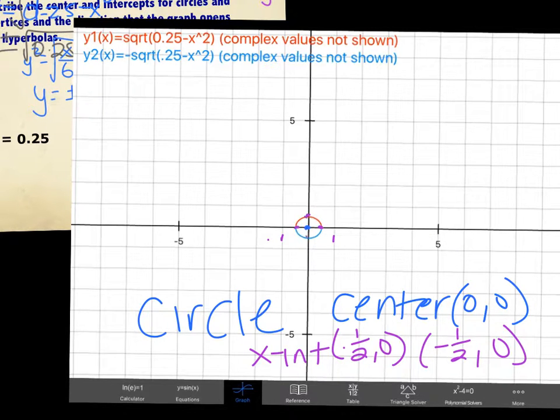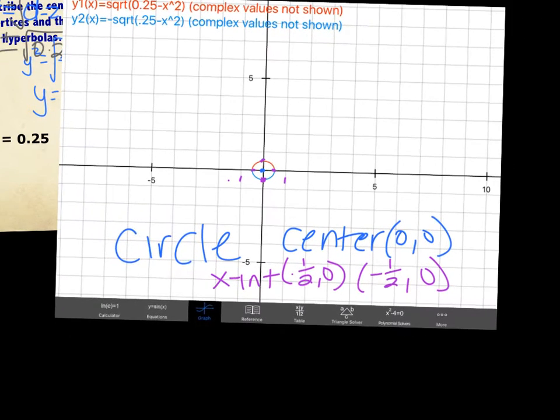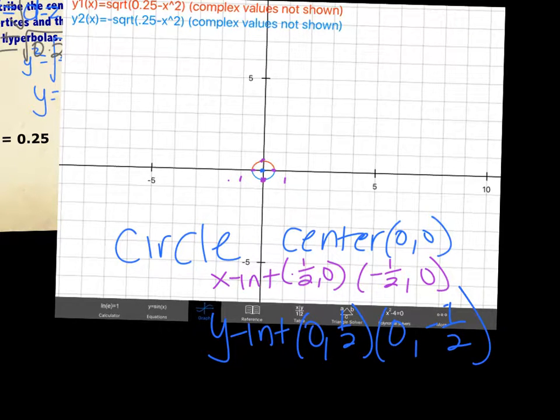And then same for the y-intercepts. I could have gotten an exact point on those if I had traced the graph, but we can approximate them a little bit. You're going to find out exactly how to get those centers and the radius when we start this next section. Questions on any of those four?